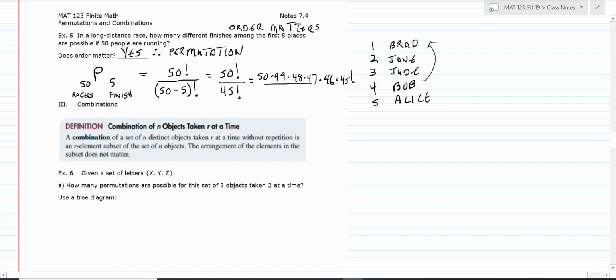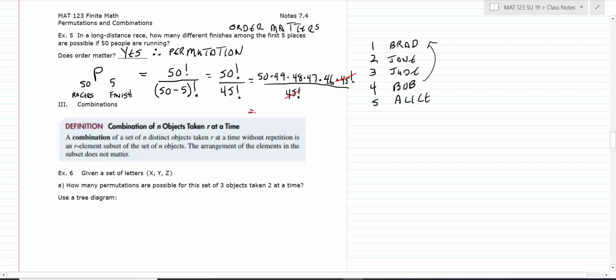Stop at 45 factorial because you want that thing to cancel out with this thing. Then you can go straight to your calculator and put in 50 times 49 times 48 times 47 times 46. Get a pretty big number on this.